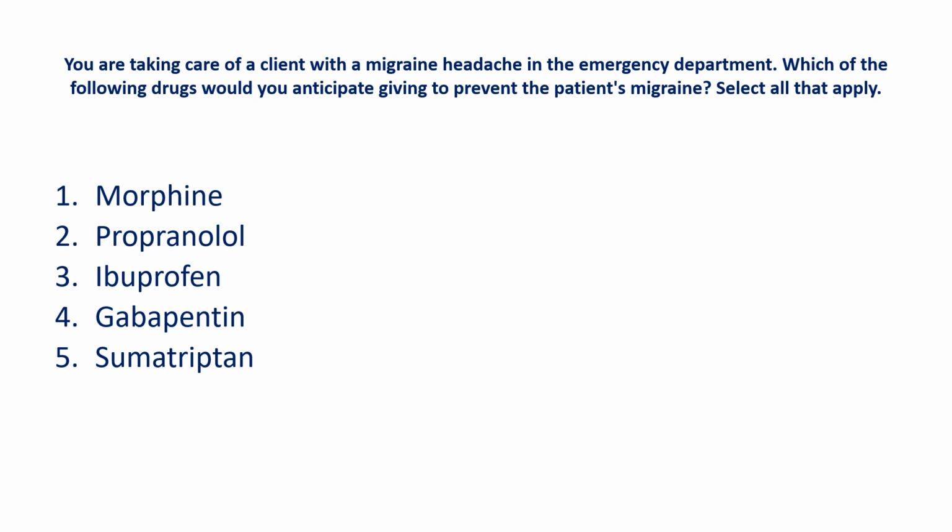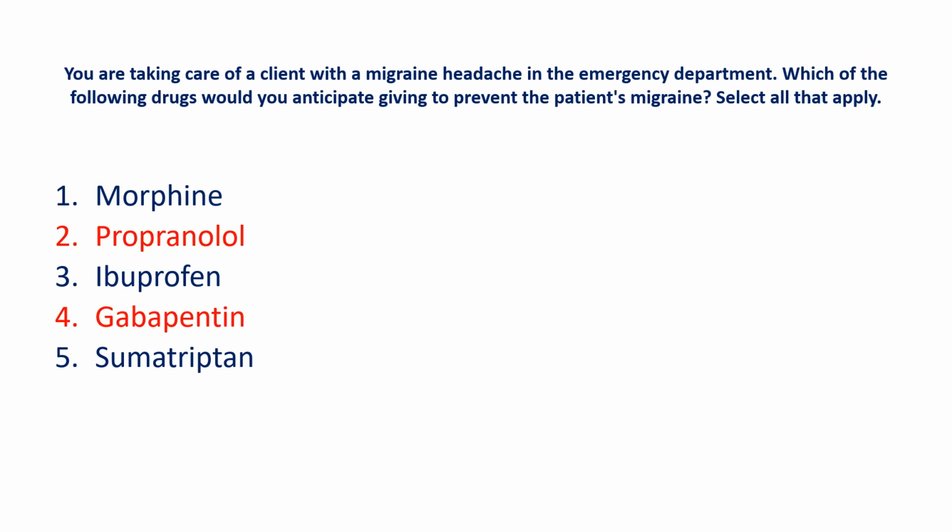Next question is, you're taking care of a client with a migraine headache in the ED. Which of the following drugs would you anticipate giving to prevent the patient's migraine? Select all that apply. Number 1, morphine. Number 2, propranolol. Number 3, ibuprofen. Number 4, gabapentin. Number 5 is sumatriptan. Again, pause and please come up with the answer.